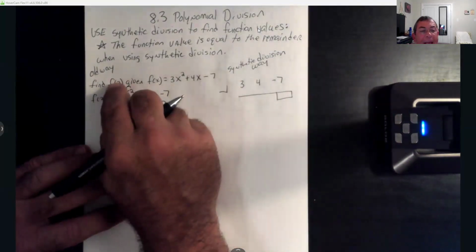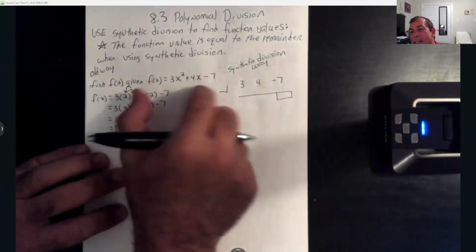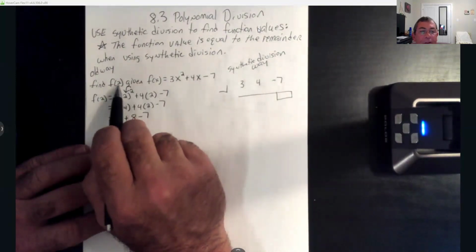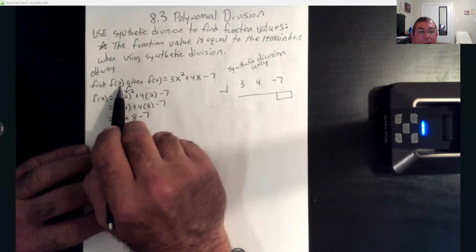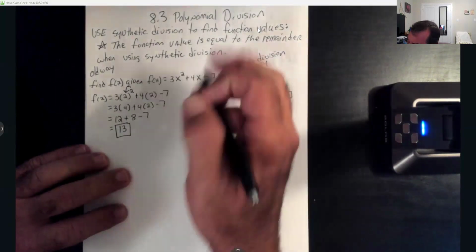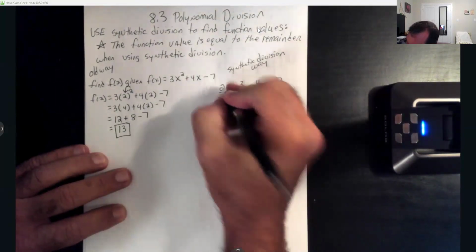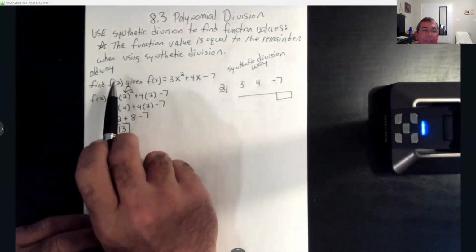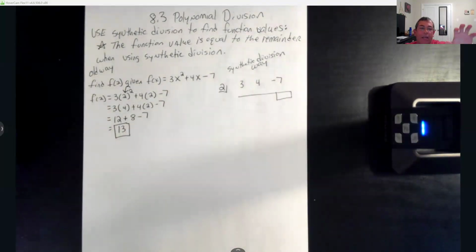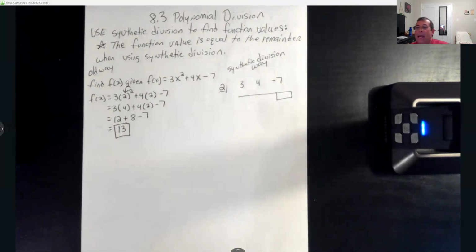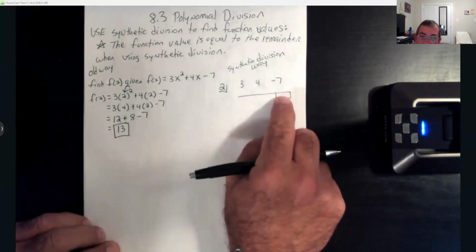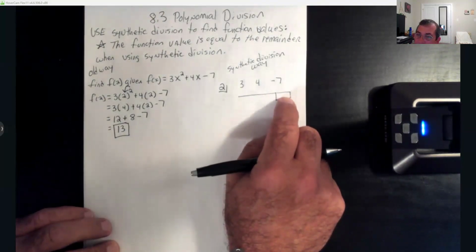Now, since I'm finding f of 2, this is not in factor form. They're just wanting me to find f of 2. So when they give you the number in this format, we do not change the sign of the number. We only change the sign of this number when it's in factor form, x minus 2, x plus 2, and so on, okay? But y'all, what I want y'all to pay attention to is what answer I get in that box.